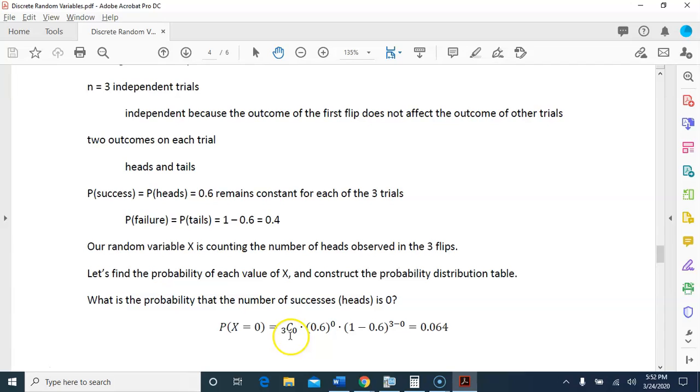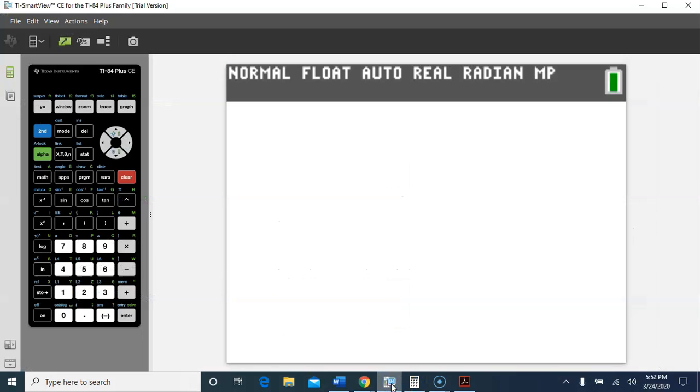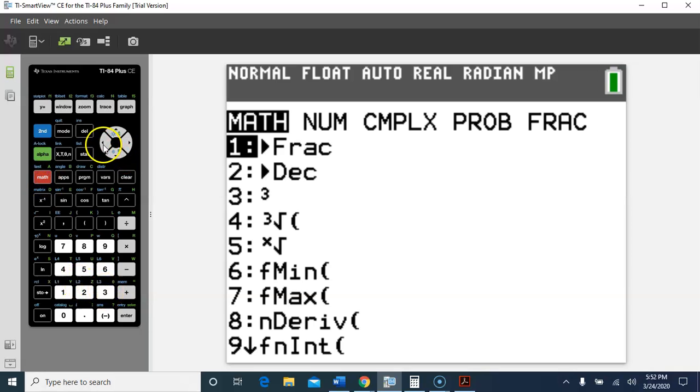Now, there's a number of ways that you can calculate that probability. First of all, we've seen combinations on an earlier quiz, so you should all have a scientific calculator that will allow you to do the combinations piece of this. So if I use my calculator as a scientific calculator, I'm going to do 3 choose 0.